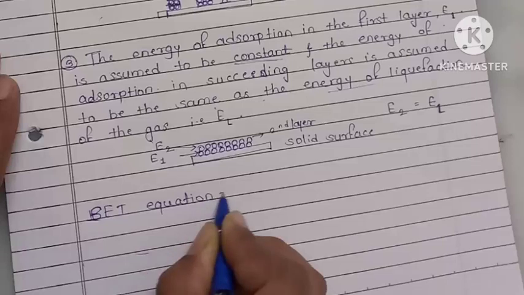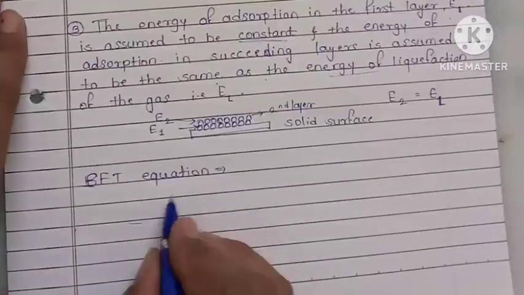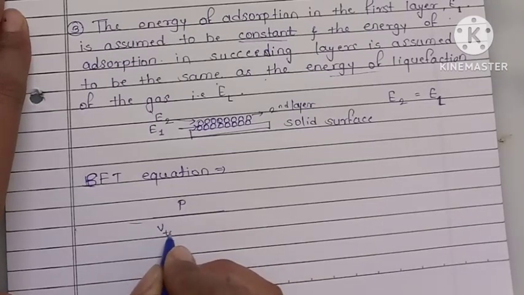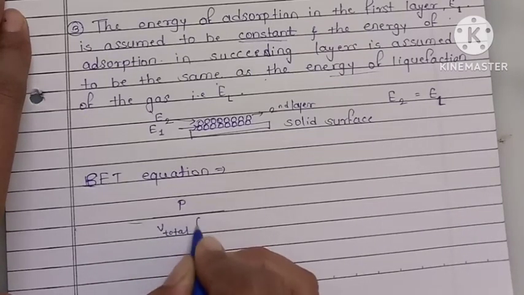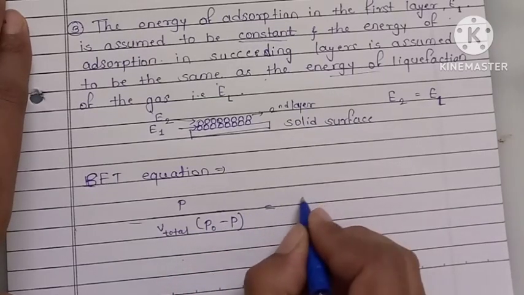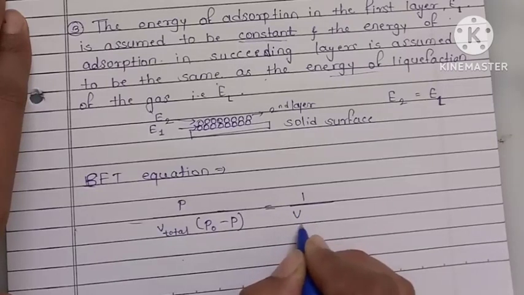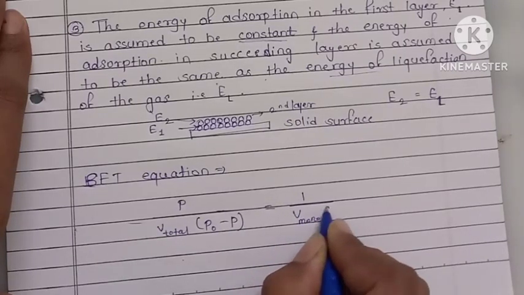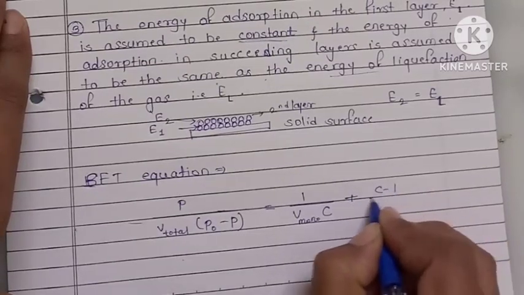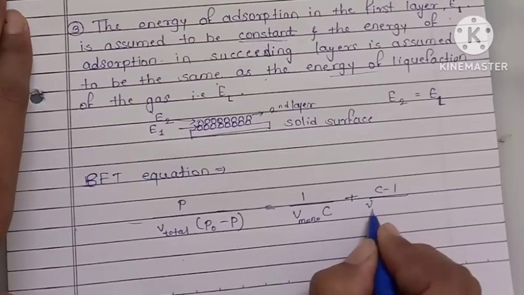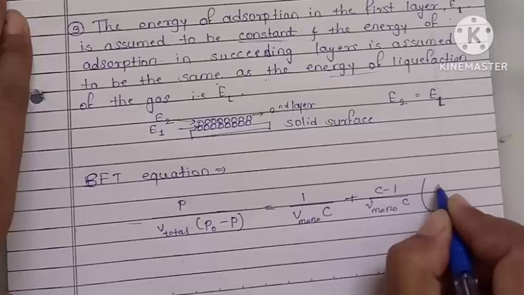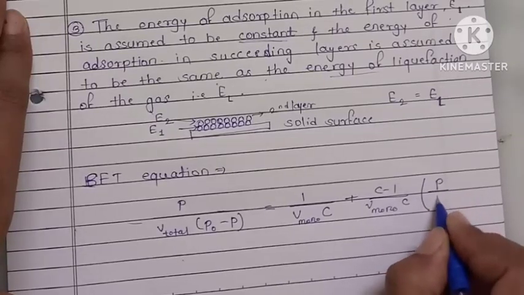It is P upon V total into (P0 minus P) is equal to 1 upon (V monolayer into C) plus (C minus 1) upon (V monolayer into C) into P upon P0.